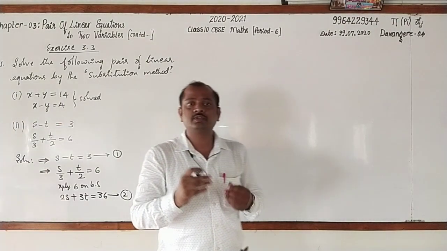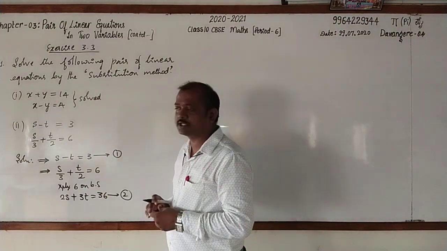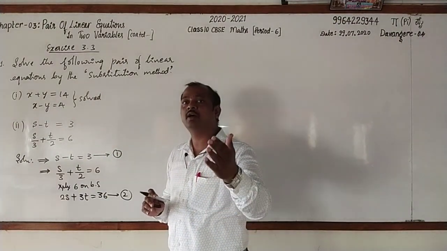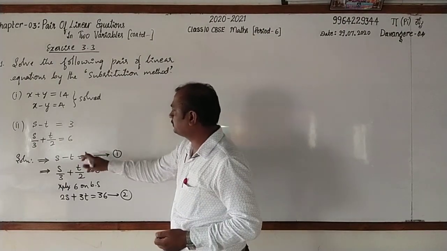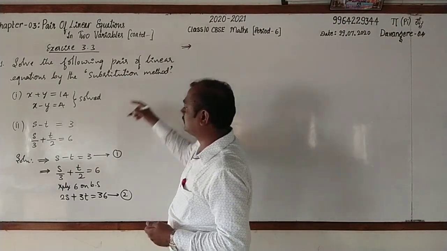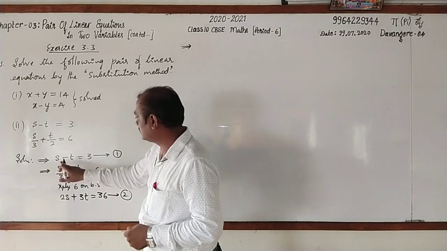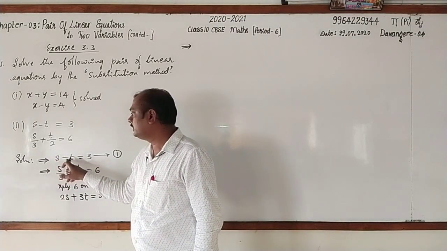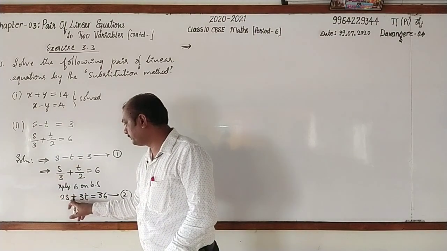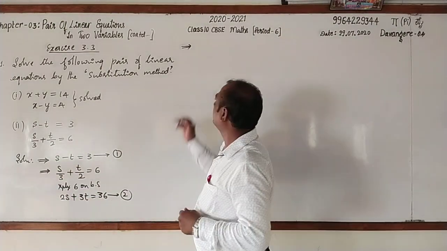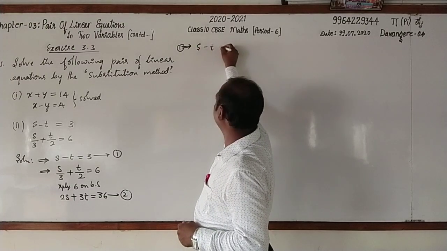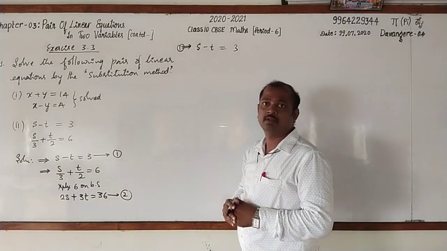Then, choose any one of these two equations and go for solving either t or s. Let me take the first equation, because the coefficient of s or t is comparatively smaller than in the second equation. The first equation is s minus t is equal to 3.